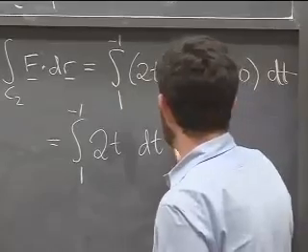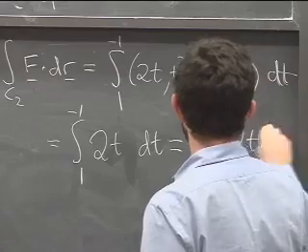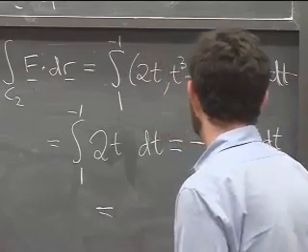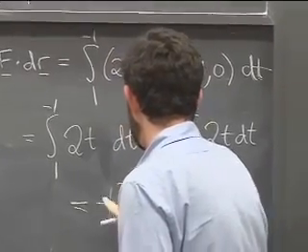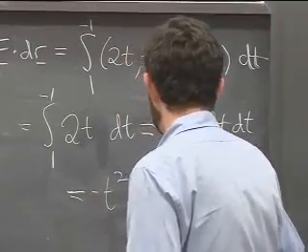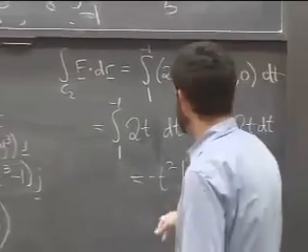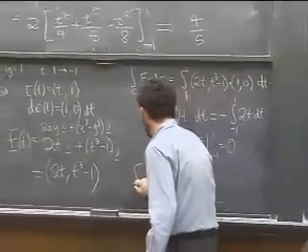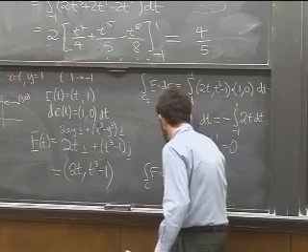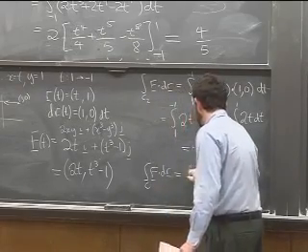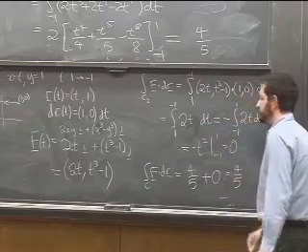Well, we better reverse this into minus the integral from -1 to 1 of 2t dt, which is very straightforward. In fact, it's t squared minus t squared from -1 to 1, which works out to be 0. So this piece is 0, and the integral we're looking for, the closed one, is 4/5 plus 0. We add up the two pieces. You get 4/5.